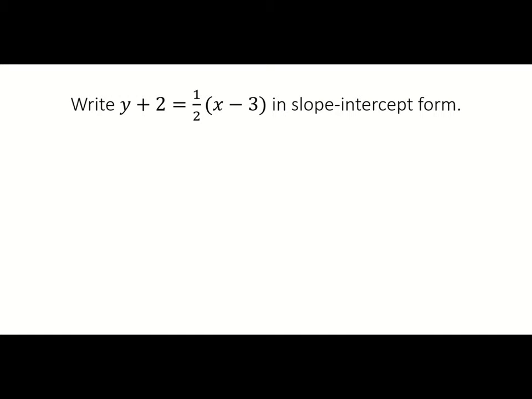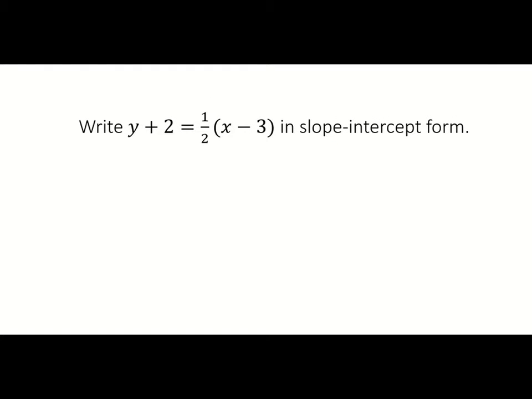So now we're going to take that equation, y plus 2 equals 1/2 times x minus 3, and write it in slope-intercept form. So we want y equals mx plus b. So what I'm going to do is draw a line down my equals, and I'm going to solve this equation for y.